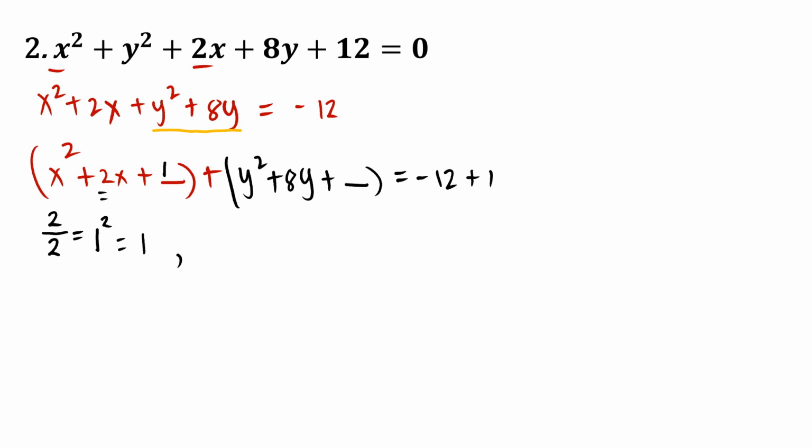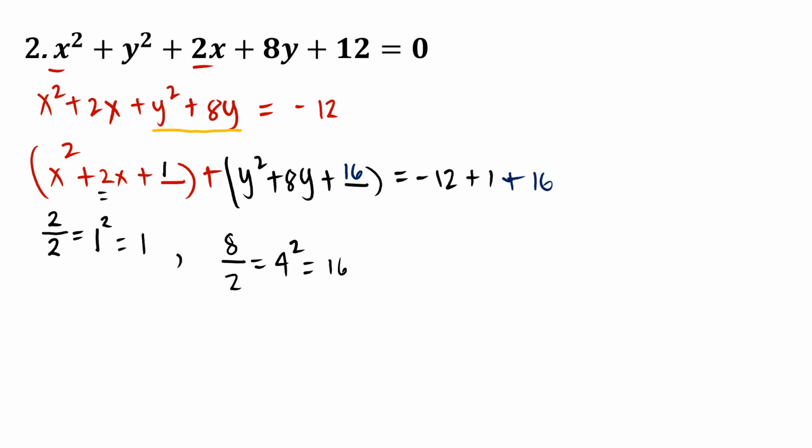The next one is how to fill in this blank. The 8 there is our numerical coefficient, then always divide it by 2. So the answer is 4, and you square the 4, and this will be 16. So we will be adding a 16 here, and we will also be adding a 16 on the right.